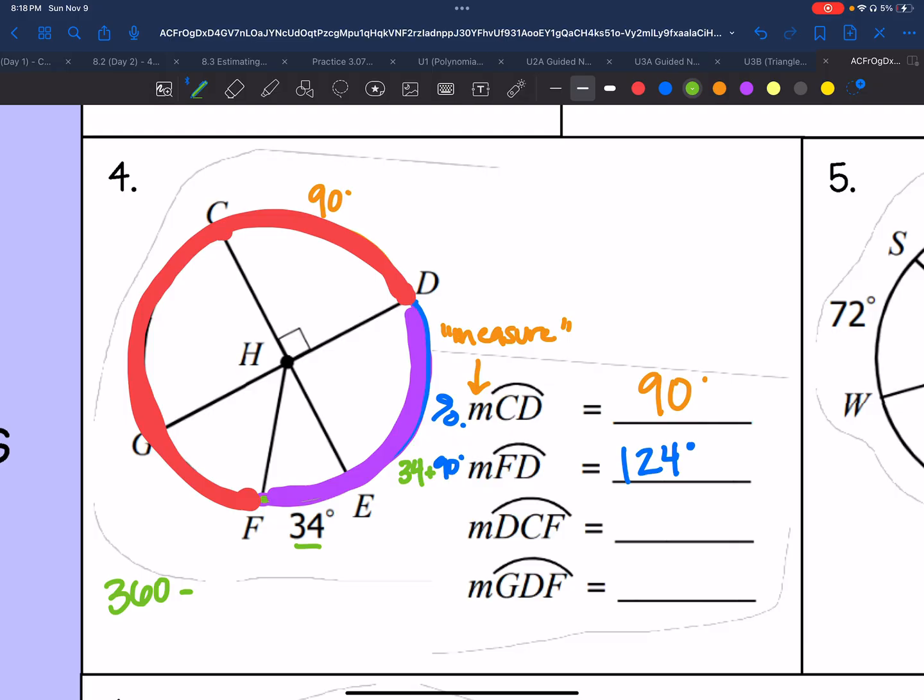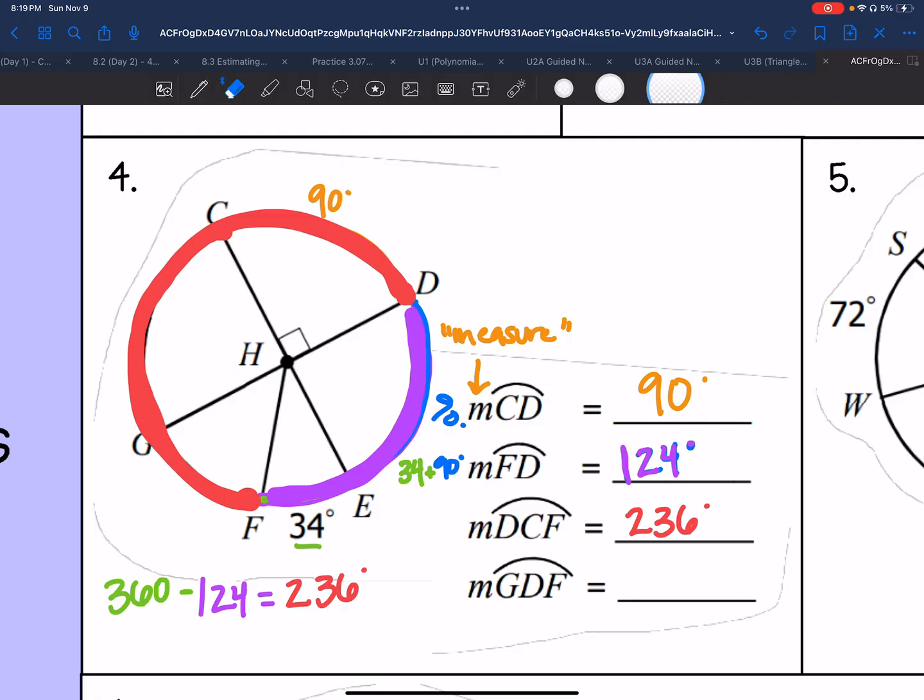So if I subtract the purple portion, which we just found was 124, that's going to give me that red portion that I have left. So that is going to give me 236 degrees. So that is the measure of DCF.